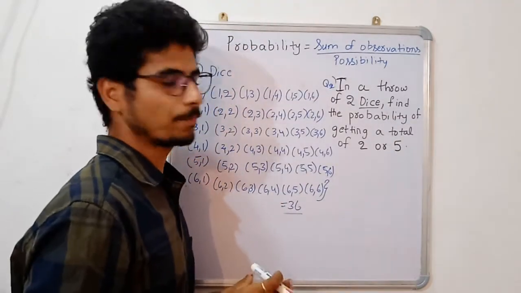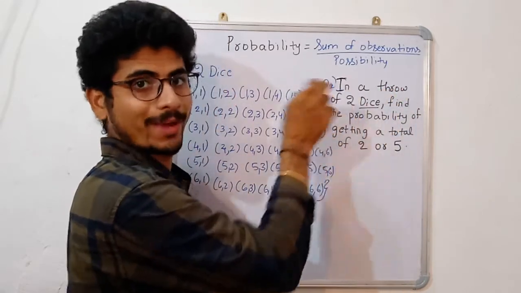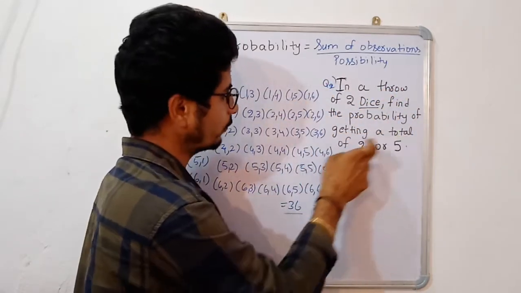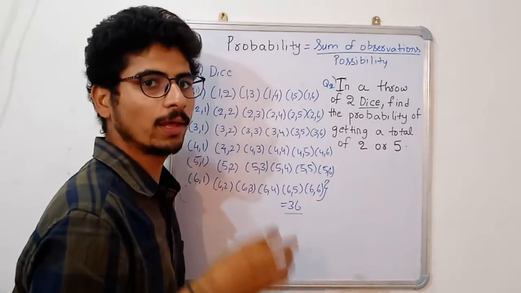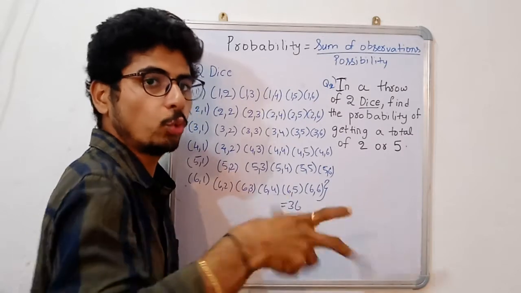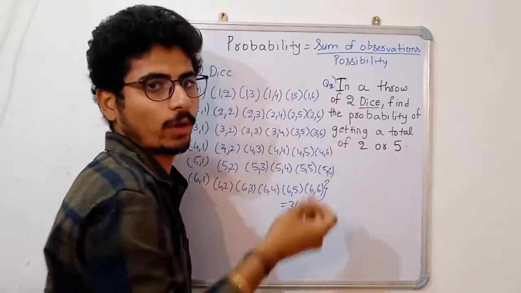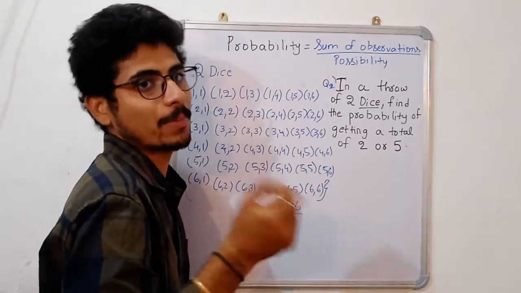Yes friends, this is the second question. In a throw of 2 dice, find the probability of getting a total of 2 or 5. Here we need to find the sum when 2 dice are rolled is 2 or 5. First the sum needs to be 2, and afterwards we'll see the sum as 5.